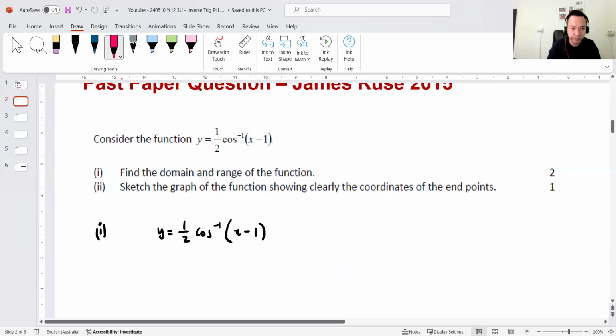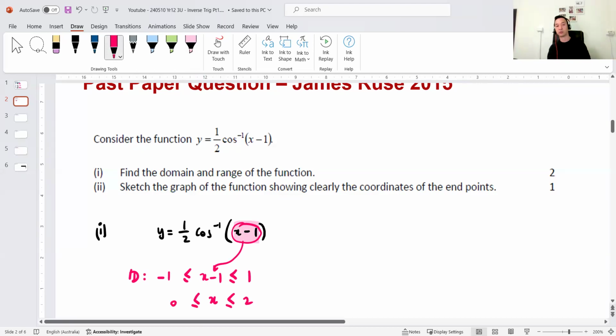For the domain, always take the function inside the inverse and put that between the two x values for cos inverse's domain, which we know to be -1 and 1. Once you do that, the simplicity of it is then you just make x the subject. You add 1 on both sides, and it becomes 0 and 2. That's the domain, tick.